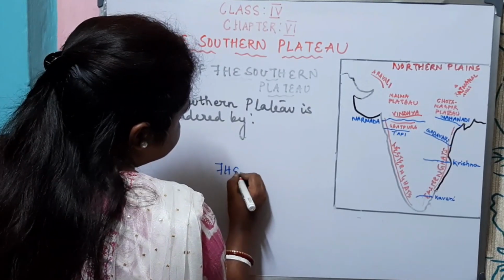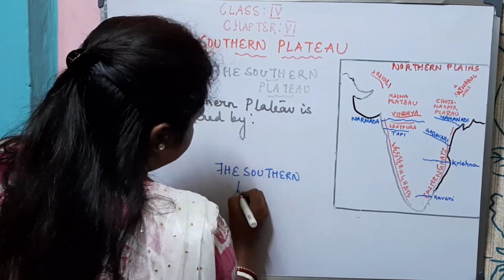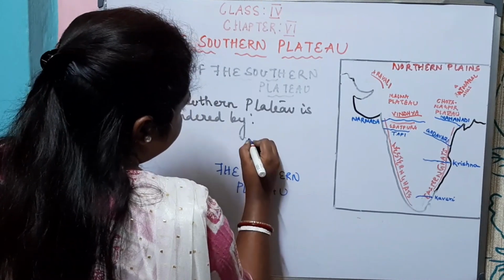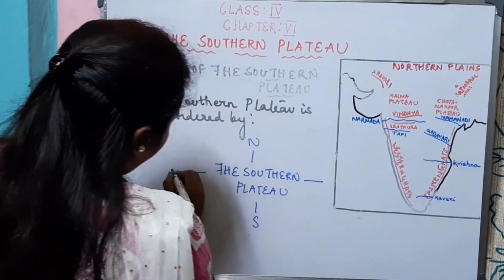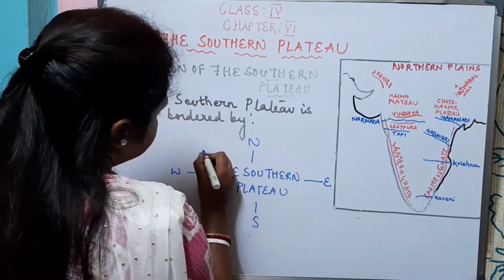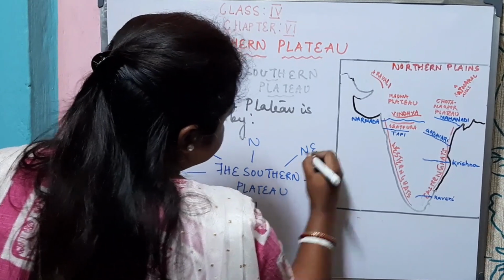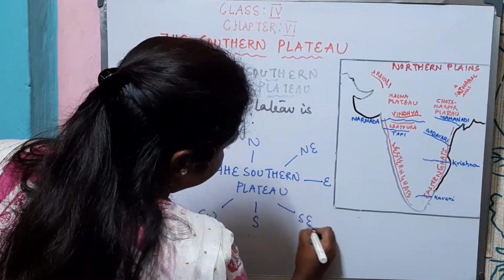So here is the Southern Plateau, north, south, west and east. Here we have northwest, here we have northeast, here we have southwest and here we have southeast.